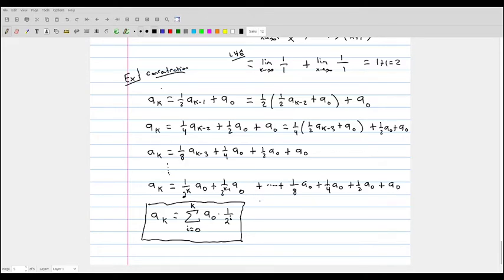What this means is that for any value of k, the kth concentration is going to be the sum of a0 plus 1/2 a0 plus 1/4 a0, and so on, all the way up to 1/2 to the k times a0.